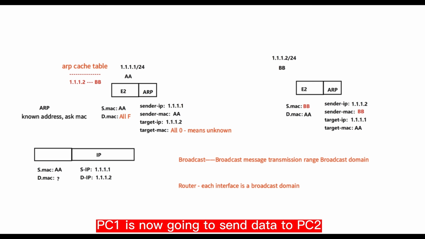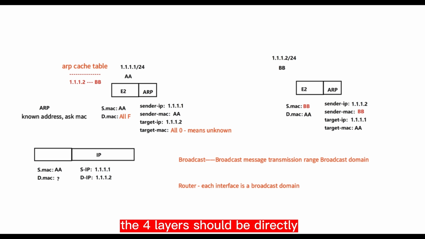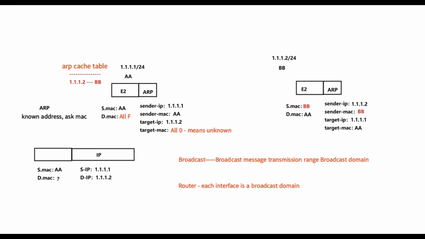Now PC1 is going to send data to PC2. Logically speaking, layer 4, layer 3 and layer 2 should all be encapsulated. This is data encapsulation. Layer 4 is sealed, no problem. Layer 3 is sealed, no problem.